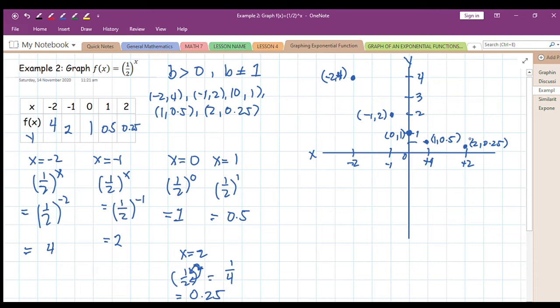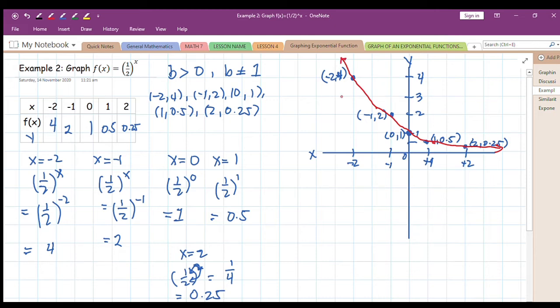0.25. And then, as we plot those points, we are now going to draw a smooth curve that will pass through all the points that we have plotted. So the graph is like this one.